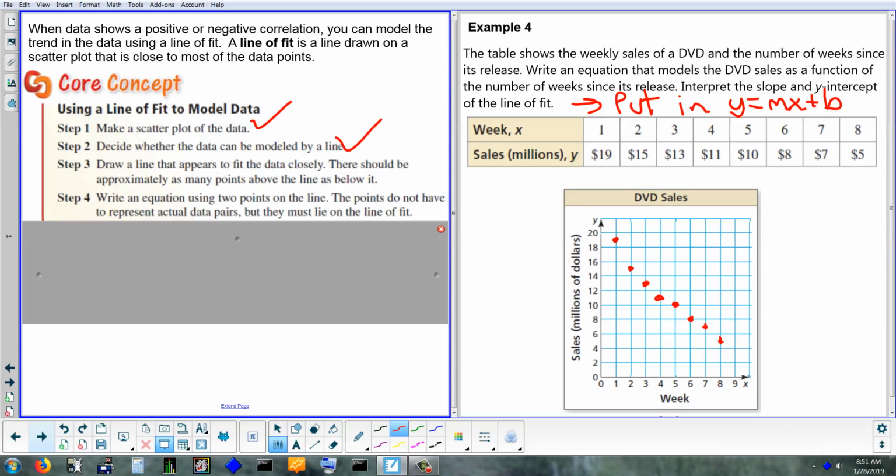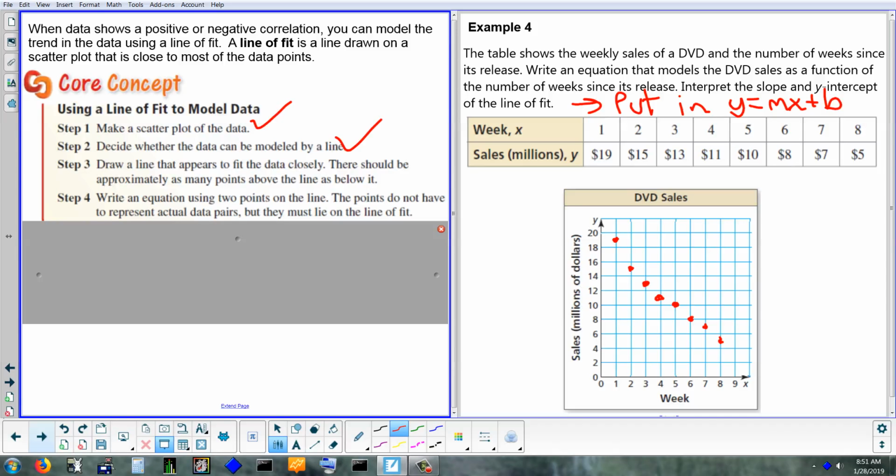Step 3, draw a line that appears to fit the data closely, with as many points above and below it. Now guys, understand here, don't worry. Some people get so paranoid, like, I think I'm doing it wrong. I want you to understand that people's lines are going to be a little bit different. No two lines are going to be exact. The way that Jacob draws his compared to how Mary draws hers, they might be a little bit different.